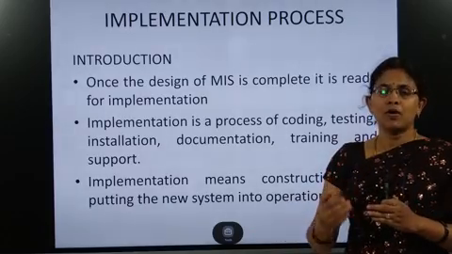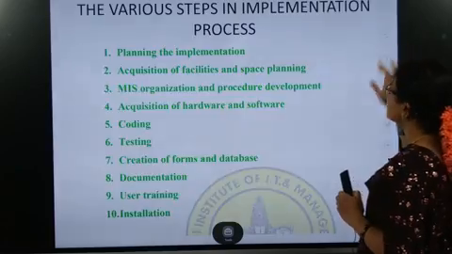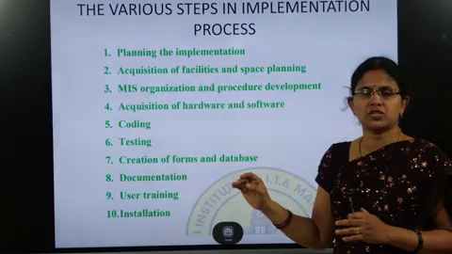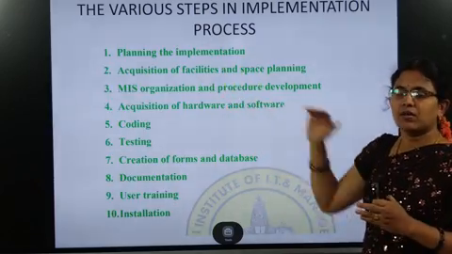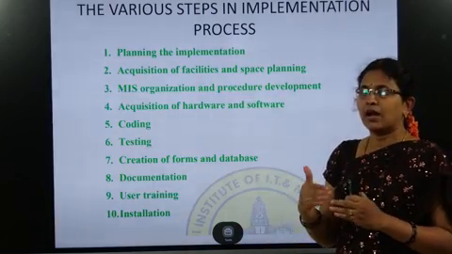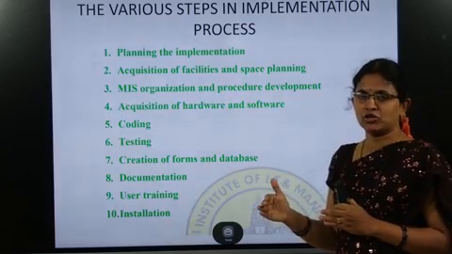In order to perform this system implementation, you have to follow a series of steps. What are they? First, you have to plan the implementation. It means how I have to perform the system implementation and what things I have to carry out in order to perform the implementation process.